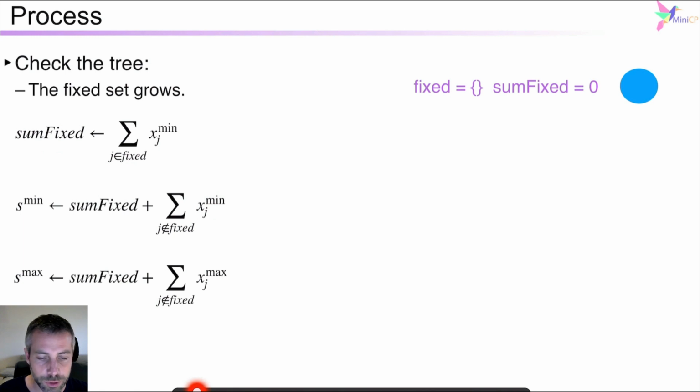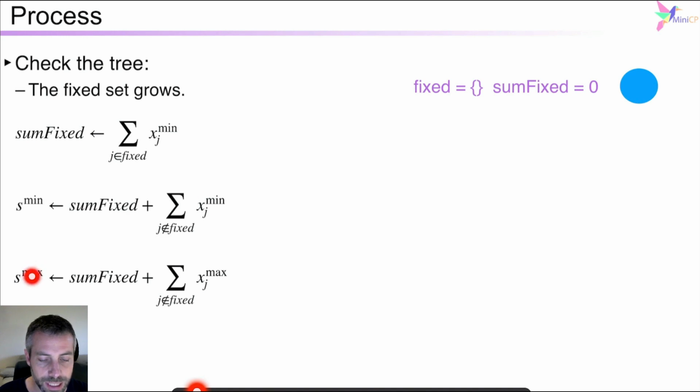So let's see what happens there. Sum fixed is the sum of the minimum of the fixed variables. I could take the maximum, that would be the same because these variables are fixed. And so the smin will simply be the sum of the fixed ones plus the sum over the ones that are not fixed there.